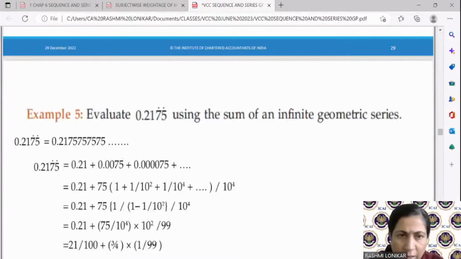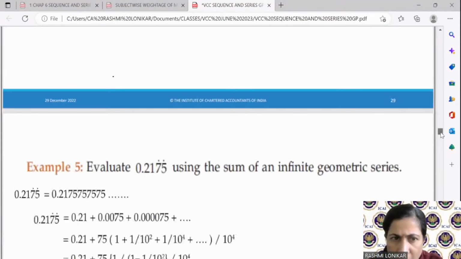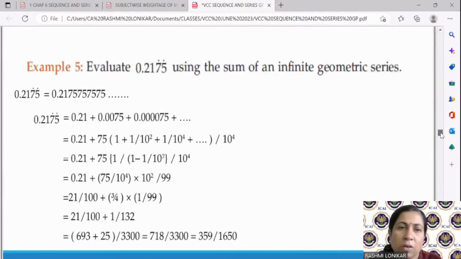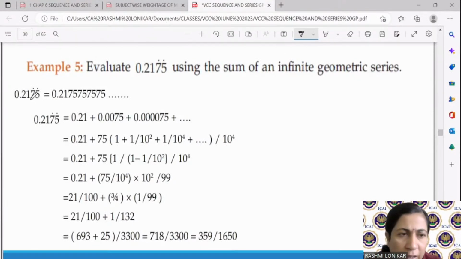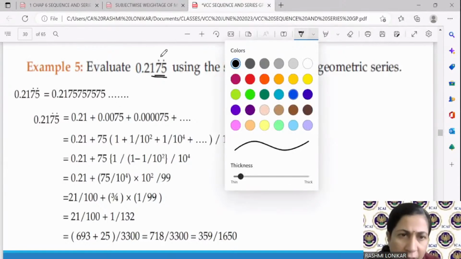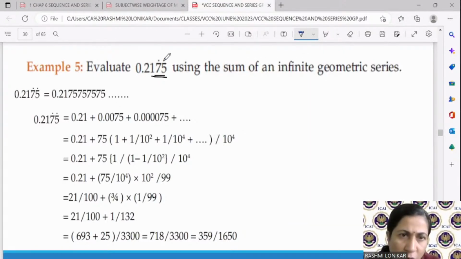Now the third type is this one. I've just taken it from the book. Whenever you have this type, 0.75 with the 2 dots, any numbers which have these dots, it means that these numbers are repeating.